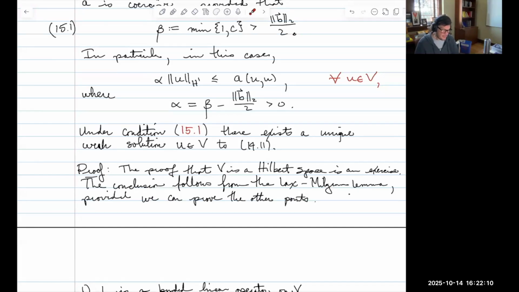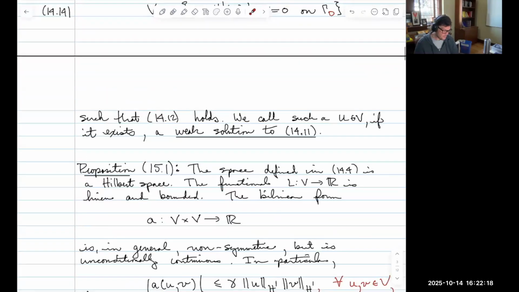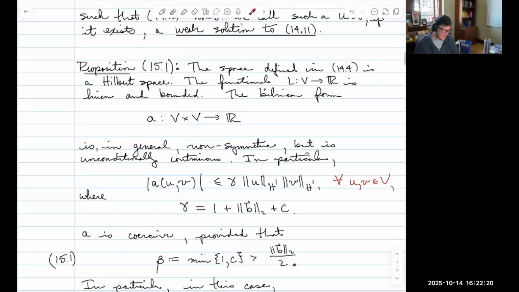Then the rest of the conclusions follow from the Lax-Milgram lemma, provided we can prove the other parts. That is, provided that we could show that L is a bounded linear functional, and that A is a coercive and continuous bilinear form.